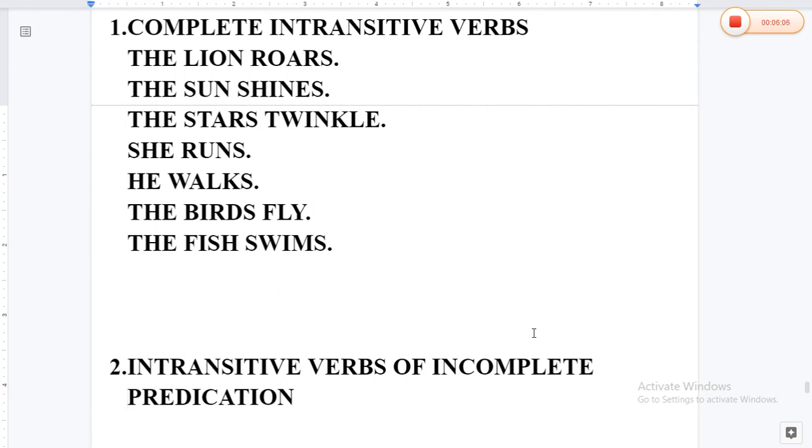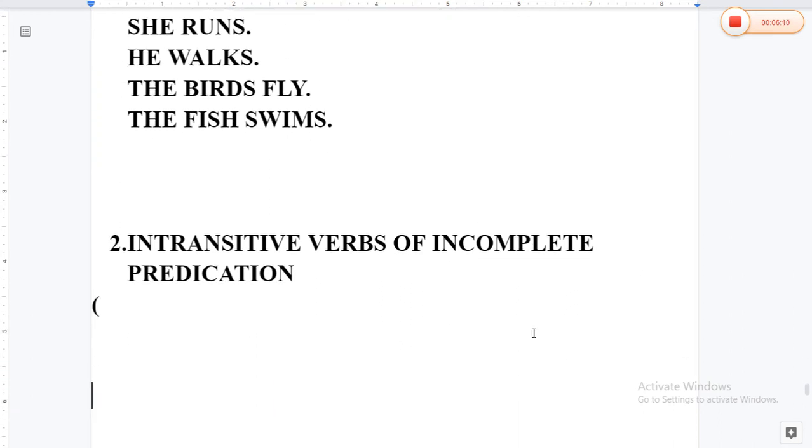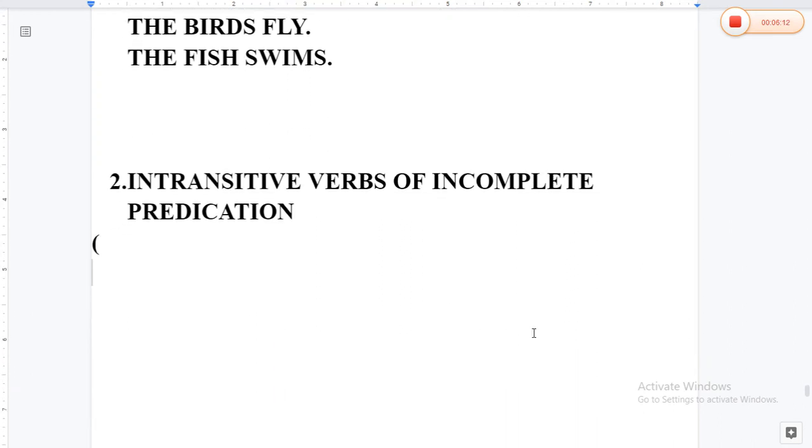First, pay attention here. These verbs are is, am, are, was, were.